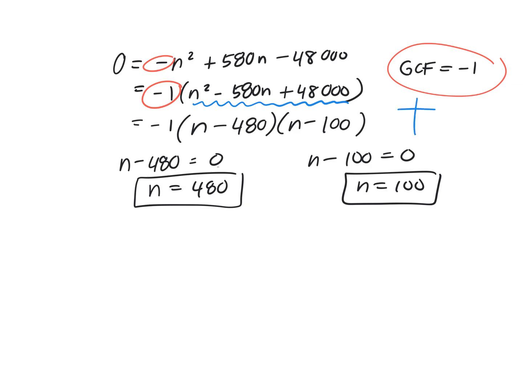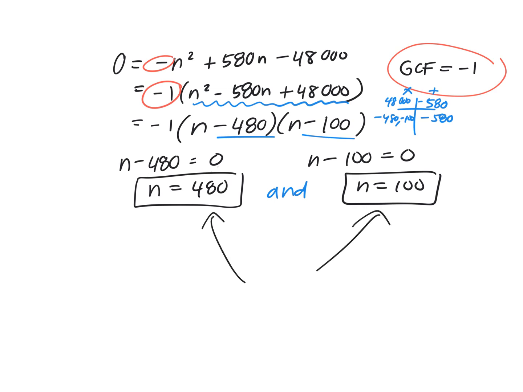Looking for two things that multiply together to give me positive 48,000 and add up to negative 580. These were large numbers, but negative 480 and negative 100 equals negative 580. So this method is also easy to solve. So N would be equal to 480 and 100. That means if they sell 100 tickets or 480 tickets, they will break even.